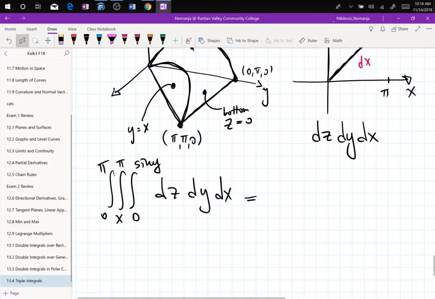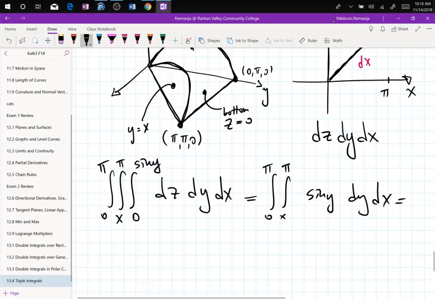So now I have my double integral, 0 to pi for x, x to pi for y. The integral of this is just going to be sine y, because you integrate z and then plug in sine y. When I integrate sine y, what do I get? Very good.